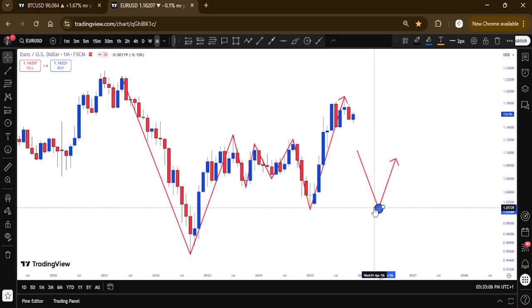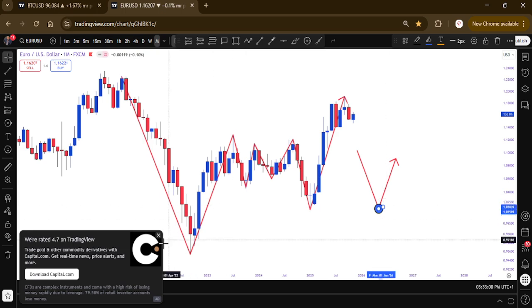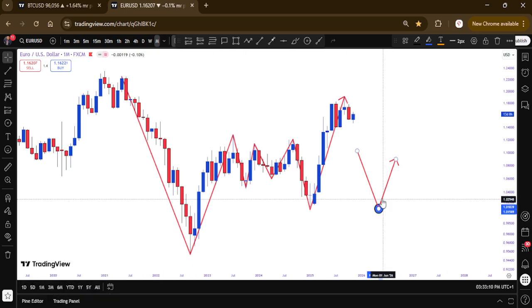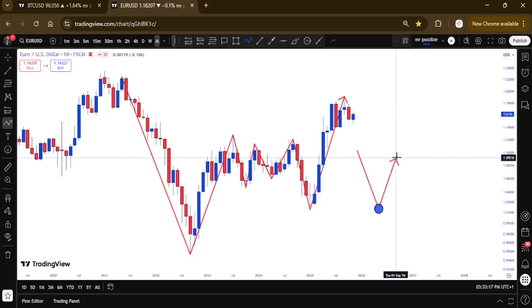Wherever price bounces on before making a bullish move is a support, and wherever price gets to before making a bearish move is the resistance. Wherever price bounced on or gets to before reversing is the support, and wherever it gets to before going down is the resistance. Is that clear? So now let me use this chart to explain.